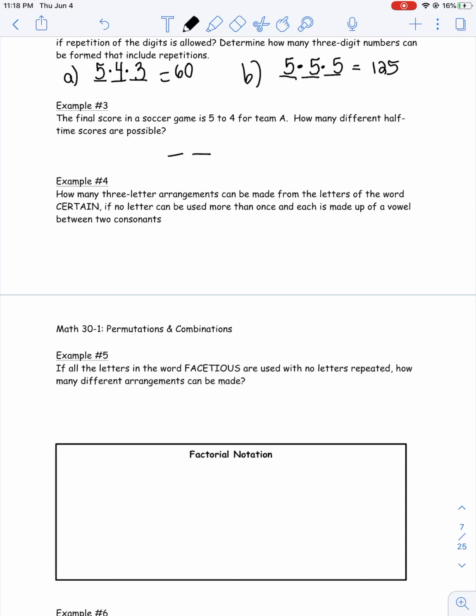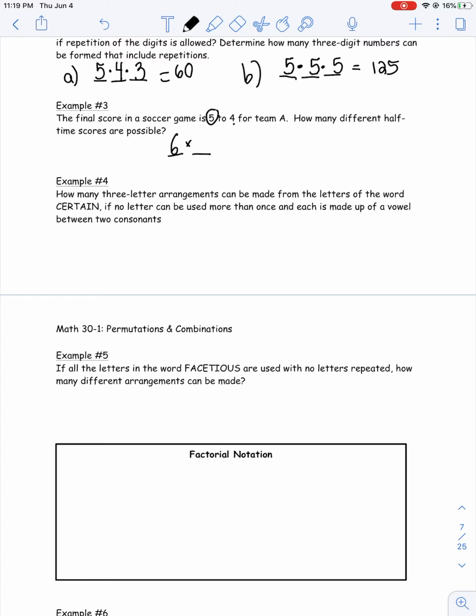Well, what's an option that can happen is the final score for a team. So if we know the final score for a team, we have to look at what could have happened. For the first number, that 5 is an option. It could have been 4, it could have been 3, 2, 1, and it could have been 0. They could have had at halftime no points.